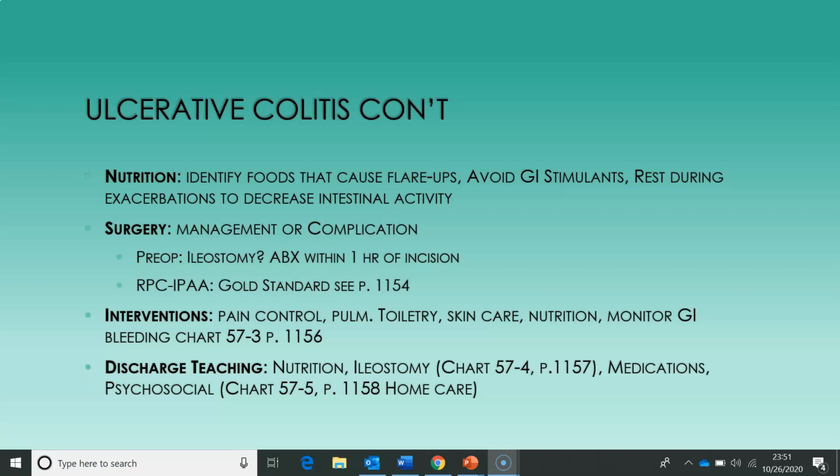And with the ileostomy being more acidic, you do have to be more cautious with care of the skin around the stoma, even more so than you do with a colostomy, because you have to think of where the ileostomy is. It has more acid, and so it can be more damaging to the skin.